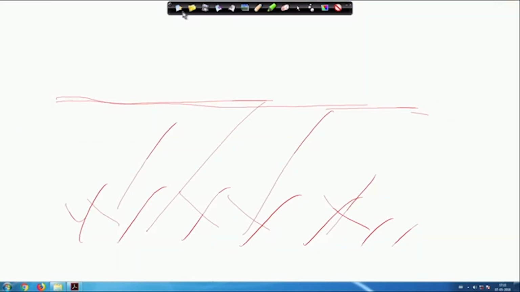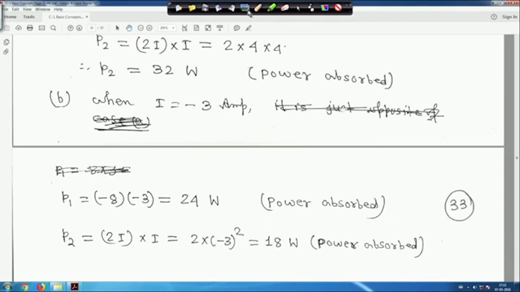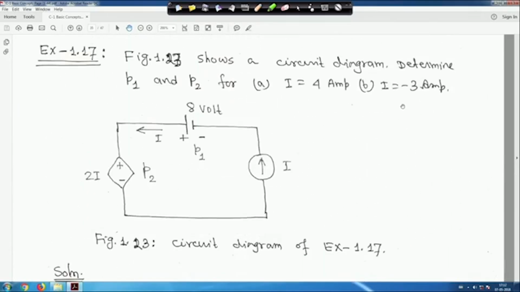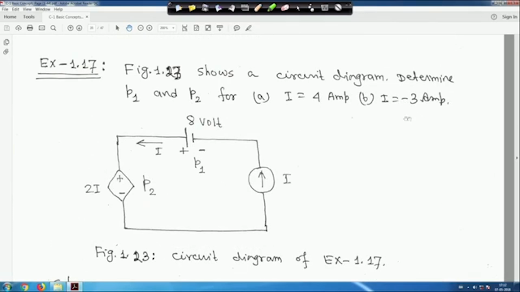Let me clean this. Just hold on. So, second case, I is equal to minus 3 ampere. Now what will happen if I is equal to minus 3 ampere? I will redraw this circuit.